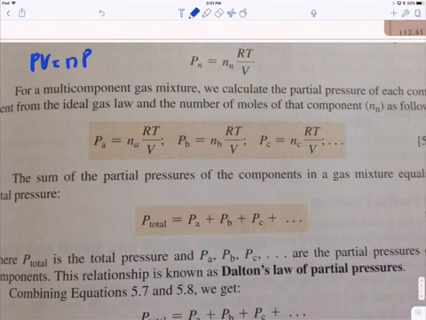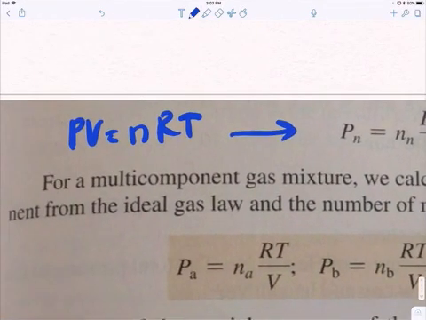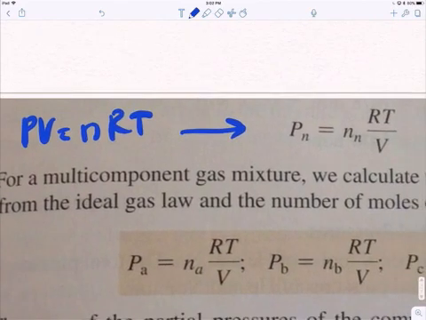PV equals nRT, and you can solve for pressure this way. And for mixtures of gases, then it's just the number of moles. So sorry, the pressure of whatever species is the moles of whatever species times RT over V. It's just the same thing, the PV equals nRT, just moving that over like that.